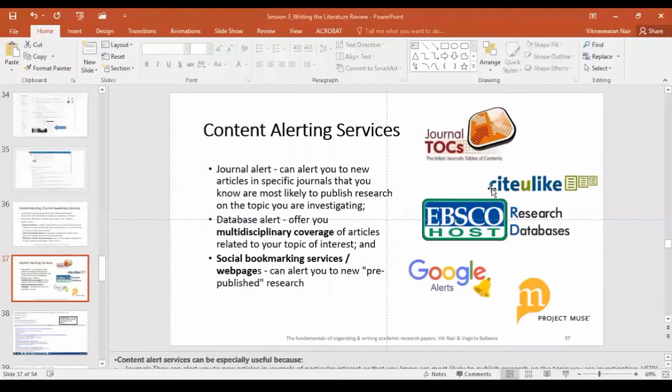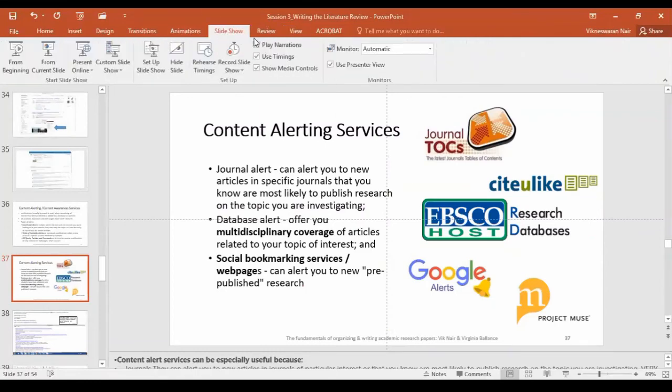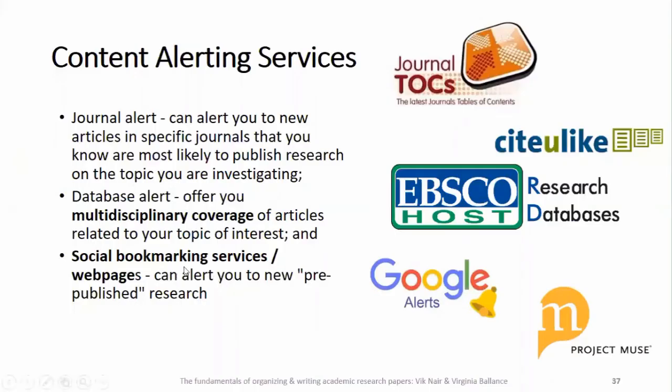Social bookmarking services alert you to pre-published research, and that would be things coming out of, let's say, Google Scholar, whatever.